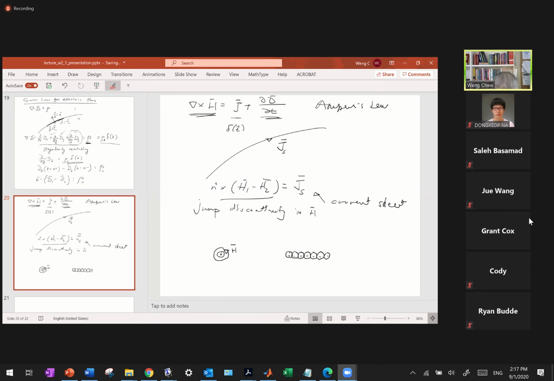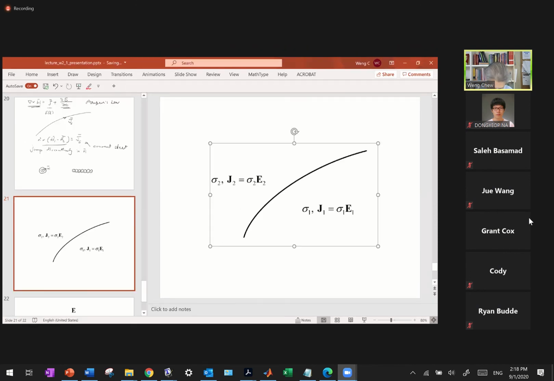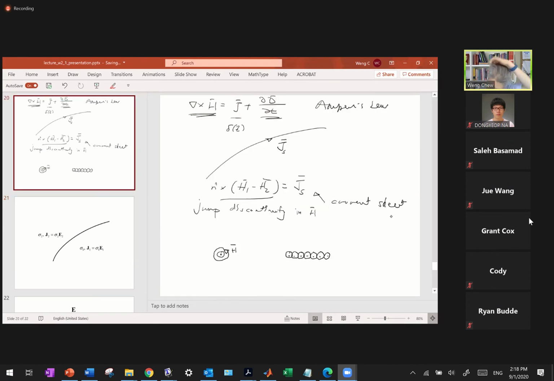If you sketch the magnetic field now, the magnetic field that it produces will look something like this.